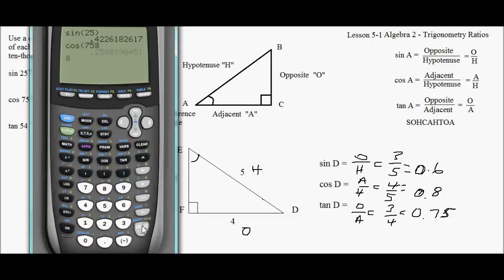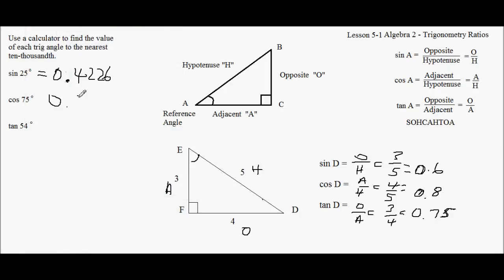I don't even have to put the close parenthesis. It's 0.2588.